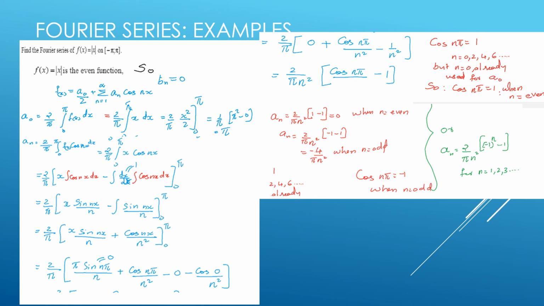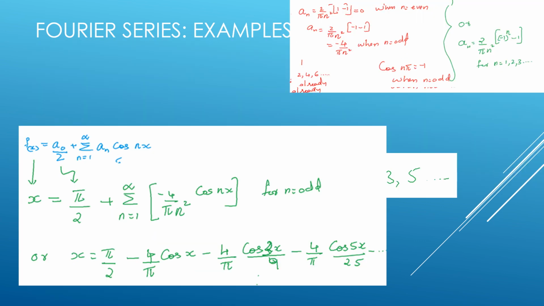And when it is odd, it becomes minus of minus 1 plus 1, that is 4 divided by pi n square. So when n is even, the an value is equal to 0. And when n is an odd number, the an value is equal to 4 divided by pi n square. So an has a value only when n is odd, that is 4 divided by pi n square.